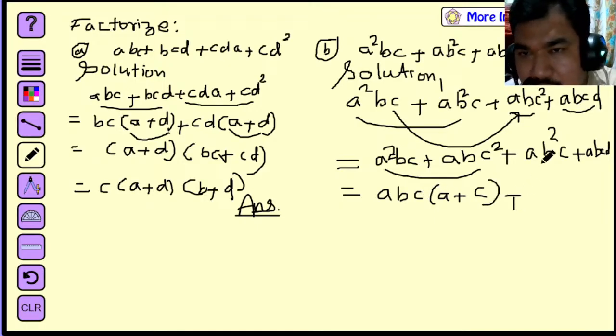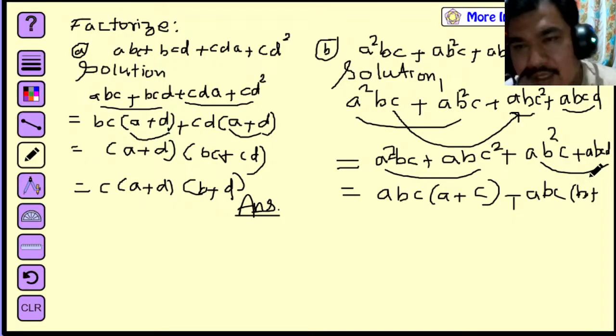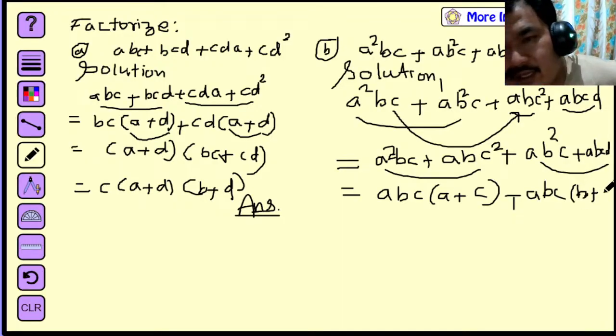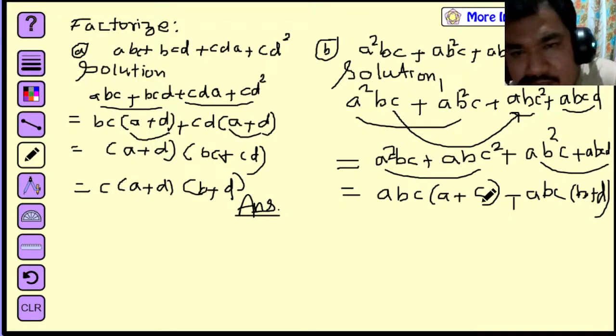Now look here, children, what is common in these two terms? Here is ABC common, and here B is remaining. And here, ABC common, D is remaining. Now we have to check that. Look here, its remaining one and its remaining one are not the same. That's why this grouping is also not good.